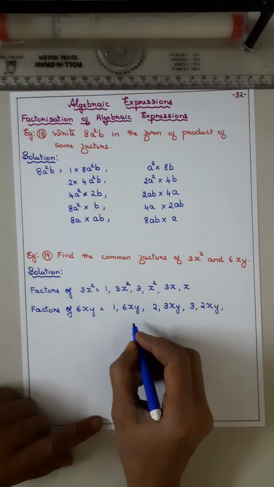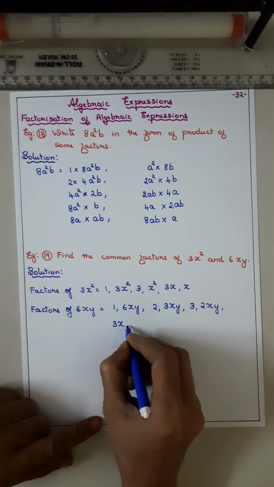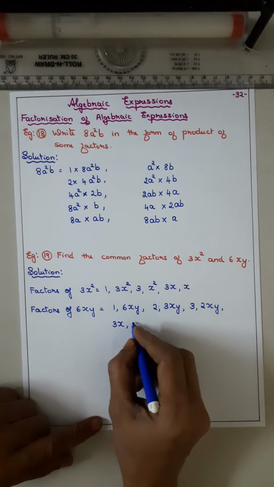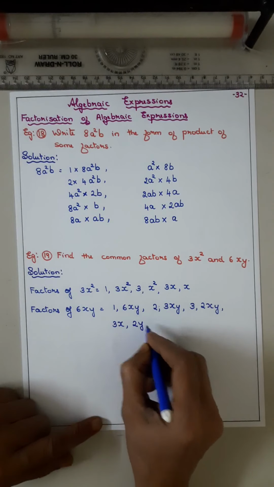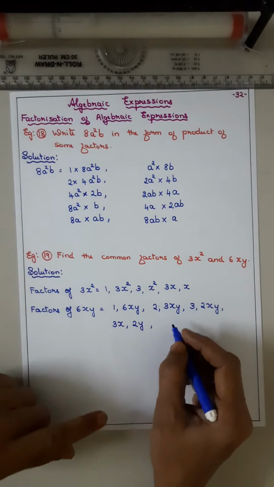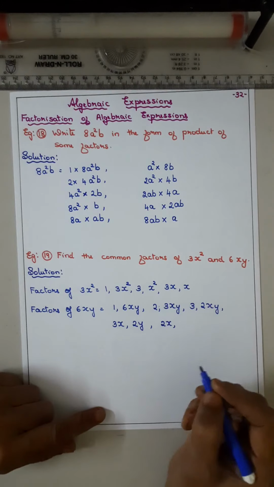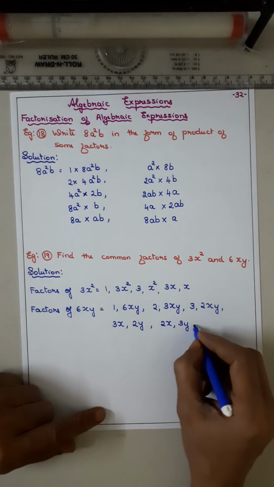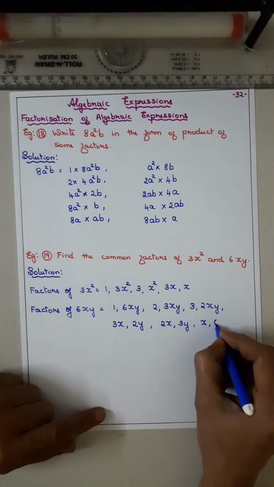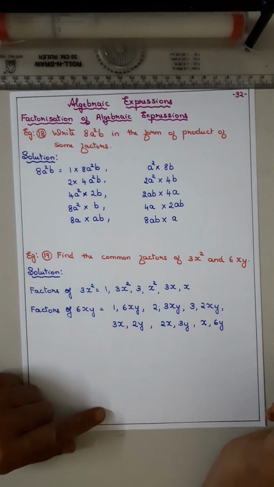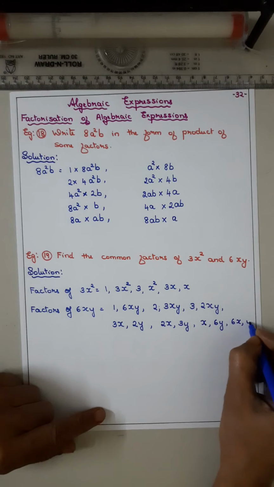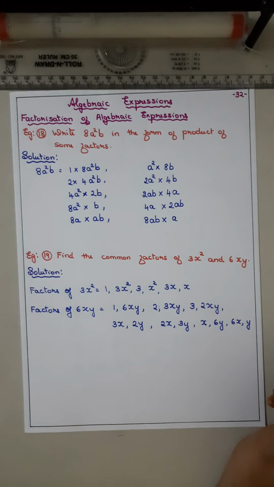If we take 3x, 3 twos are 6 and y. If you take 2x, 2 threes are 6 and the other is y. If you take x, the other will be 6y. If you take y, the other will be 6x. Isn't it? So if you take 6x, the other will be y. So write as many as possible.